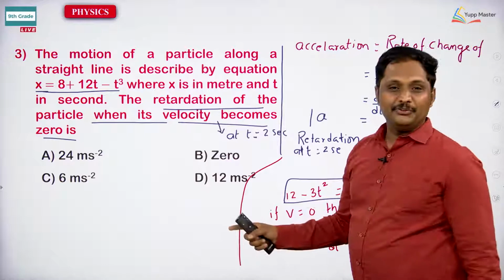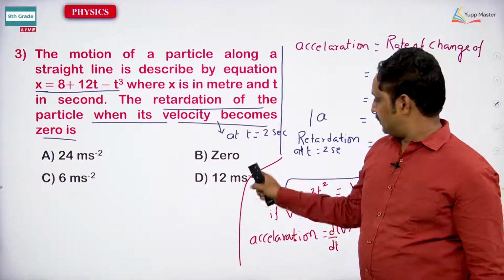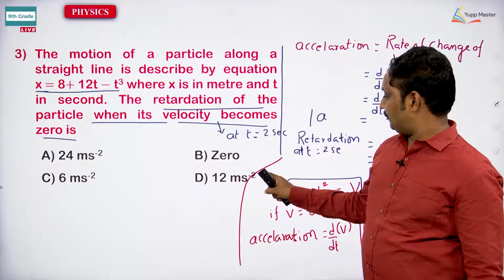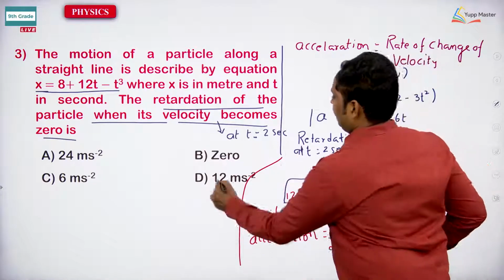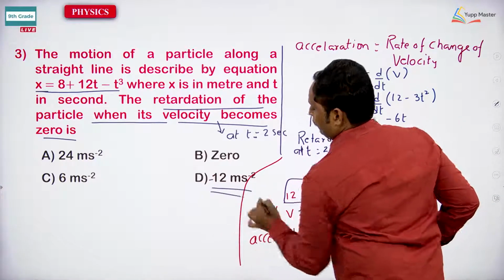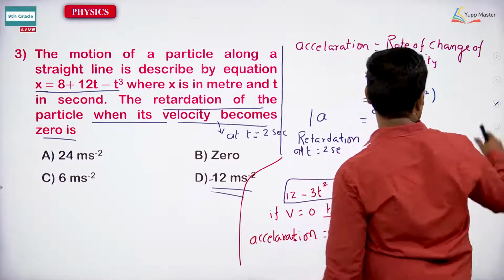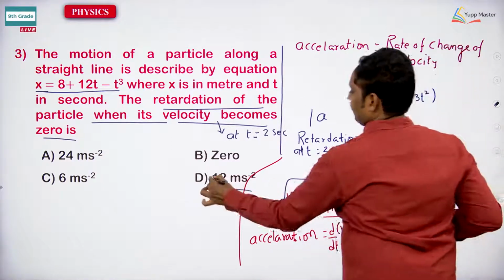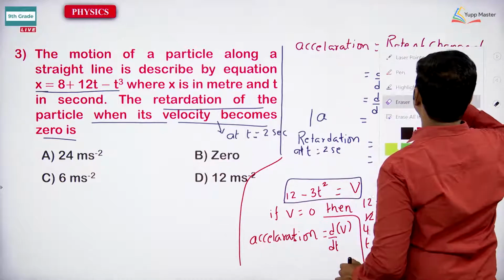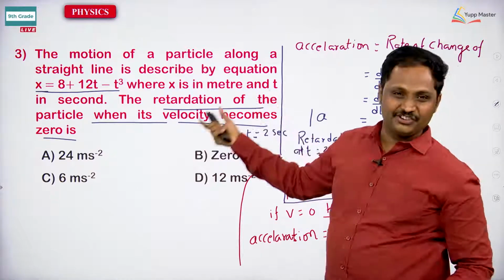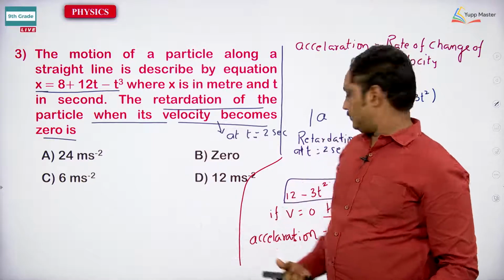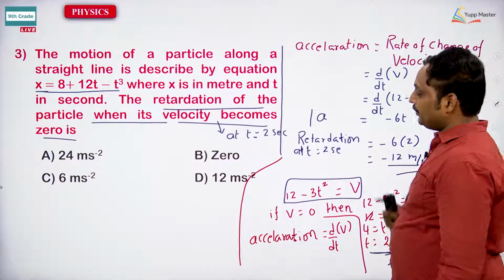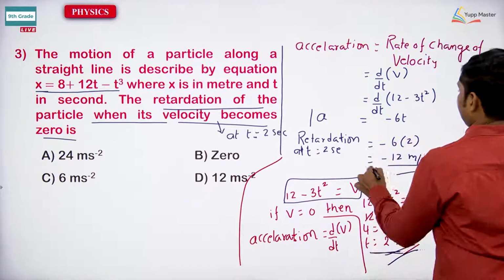So, 12 meter per second square, but the negative sign indicates retardation. They have mentioned retardation, so it is followed by the negative sign, that is minus 12 meter per second square.